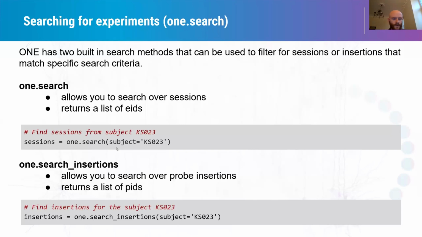However, as I've shown you, we do have bilateral recordings. And so if you want to search for data in a given brain region, it makes sense to search over insertions instead of sessions. So for that, we have this search insertions method. And this returns you a list of probe IDs instead of session IDs.